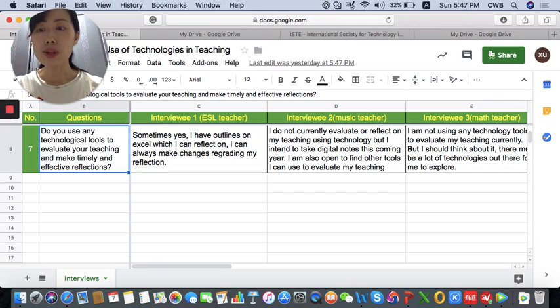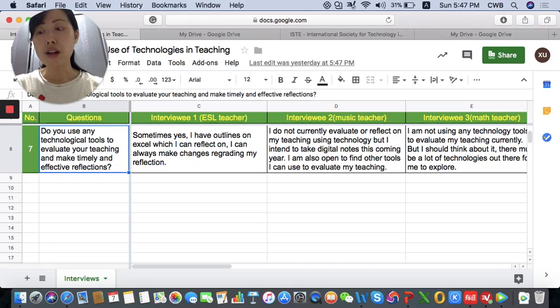My last question is revealing. Do you use any technological tools to evaluate your teaching and make reflections? Not just for these 3 interviewees, but also for myself. We do use technological tools to evaluate our students' performances and their academic achievements, like ClassDojo, Reading A to Z, but we never thought of using it to evaluate our own teaching.